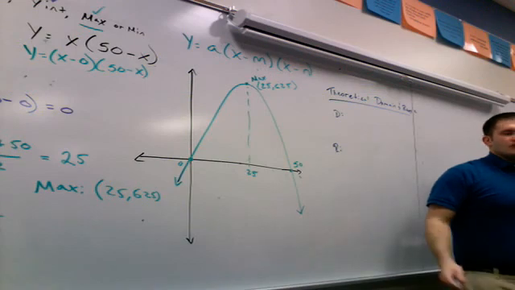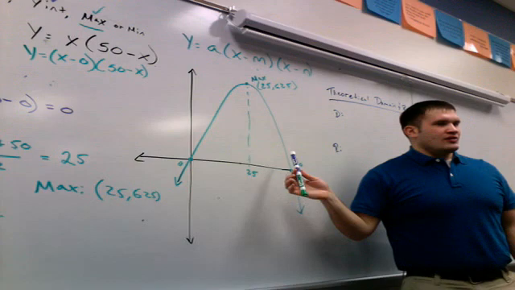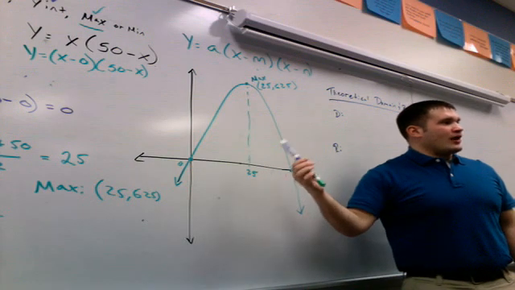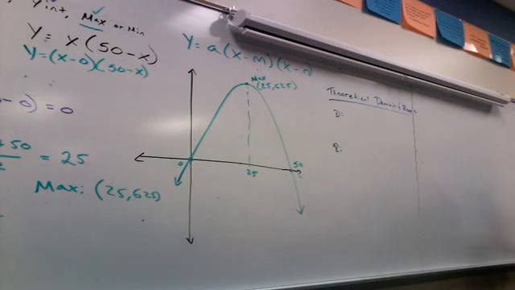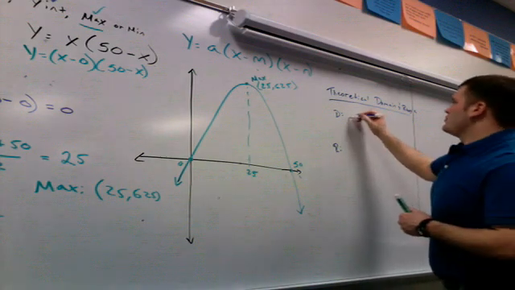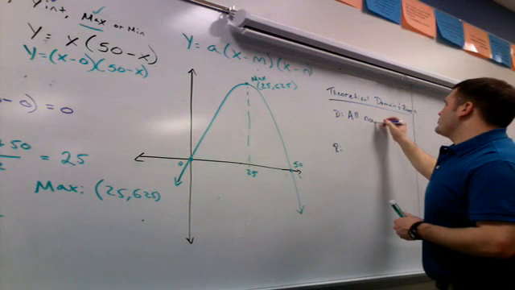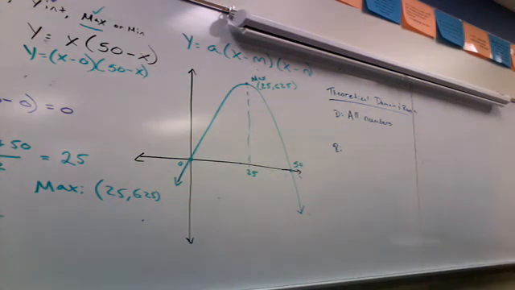No. So that means every x has a y, right? Every x can be plugged in, can it? Every x has an output, right? So what's my domain going to be? Any number. So our domain will be all numbers.